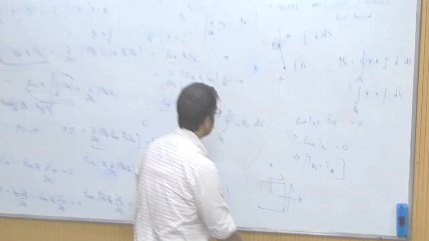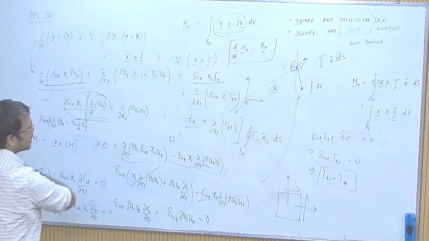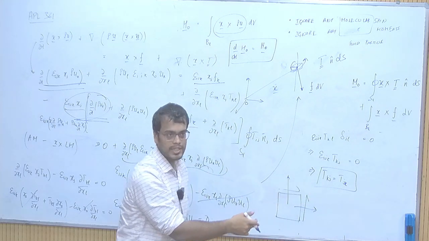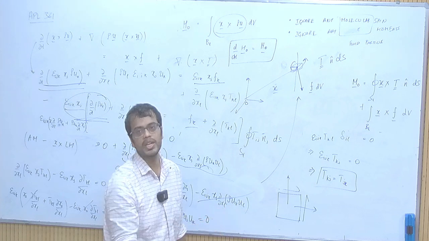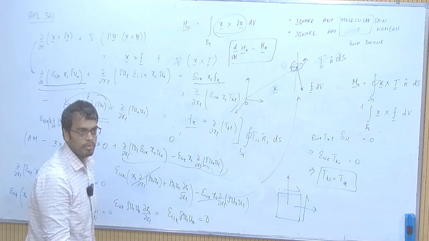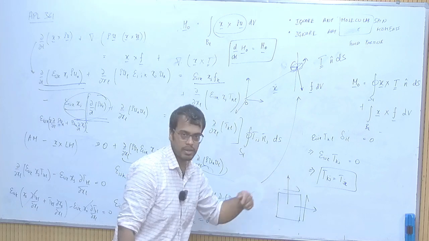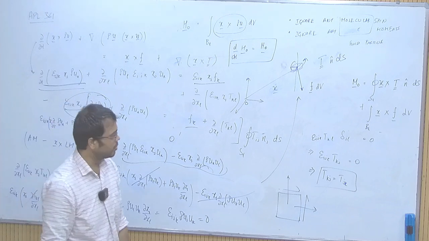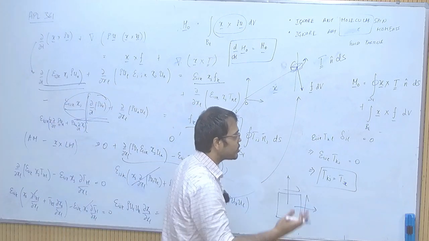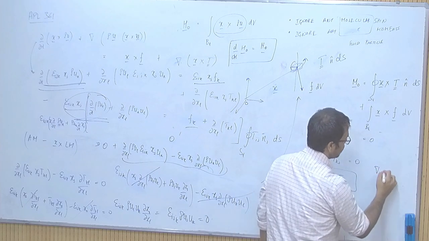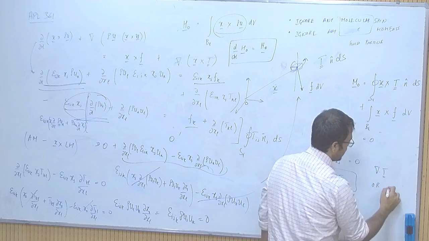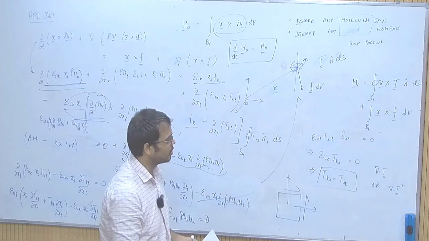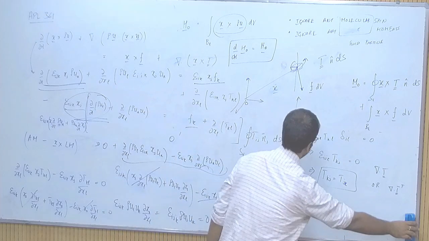And that is essentially what is given by this maths that we have done, that the net moment due to stress tensor forces is vanishing. So the stress tensor is a symmetric tensor. So it basically doesn't matter if you consider this or this in this course, both are the same for the momentum equation.